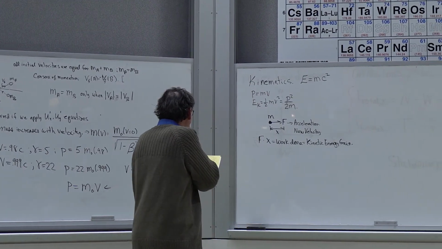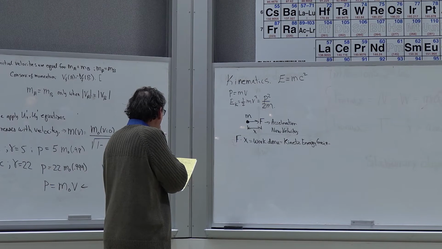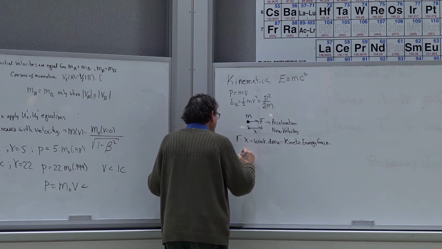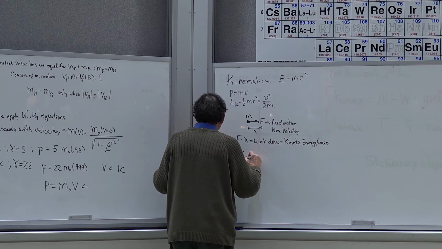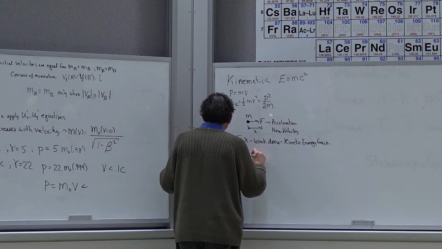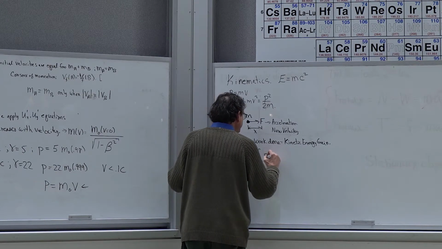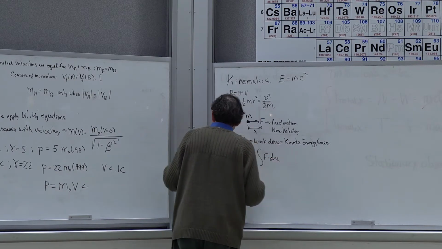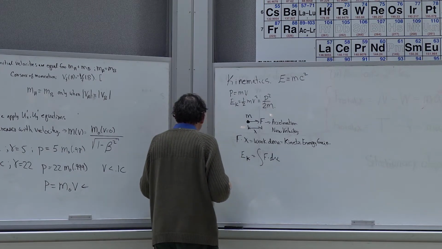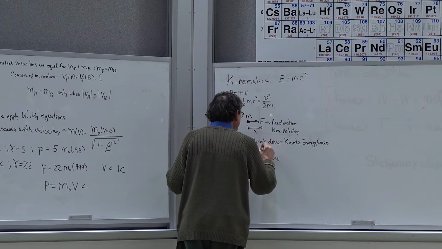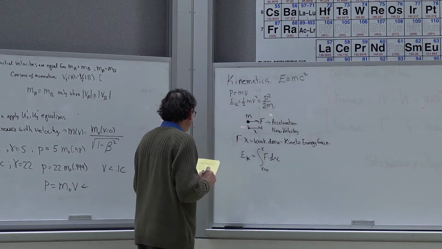And what we're going to do now is use this principle right here and say that the kinetic energy, which I'll denote by E sub k, is equal to the integral of the force over the distance dx, over which I'm going to accelerate it. So say that I accelerated from x equals 0 to some maximum value x.